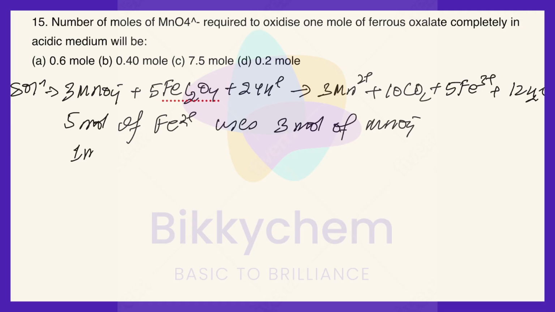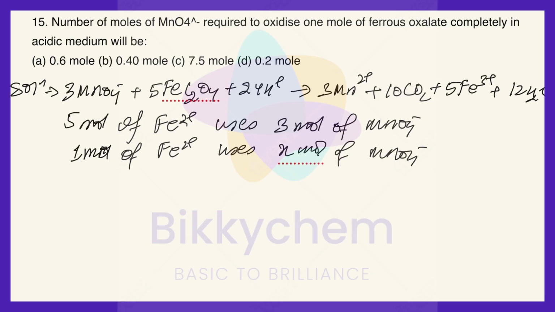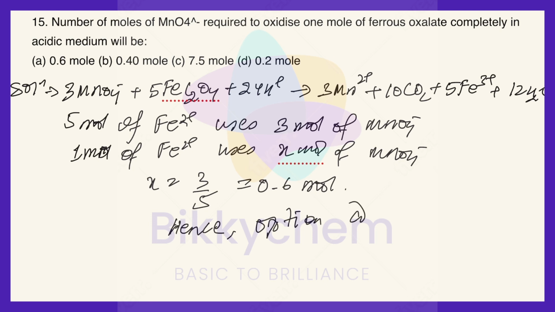So if 1 mole of Fe2+ uses X mole of MnO4-, X will be 3 by 5, which is 0.6 mole. So hence option is A.